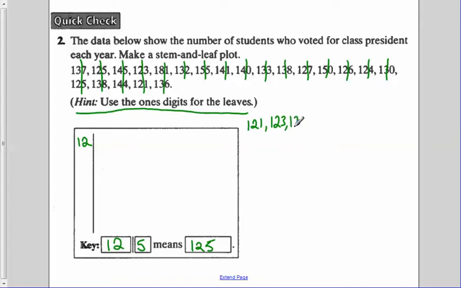124, there's a couple 125s, 126, and 127. Following that, I see there's a 130, 132, 133, 136, 137, a couple 138s.